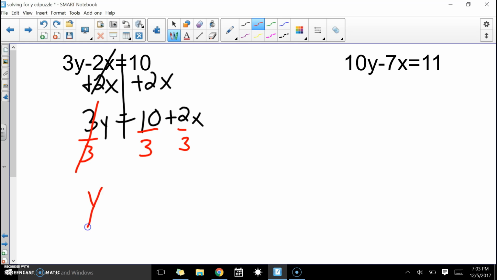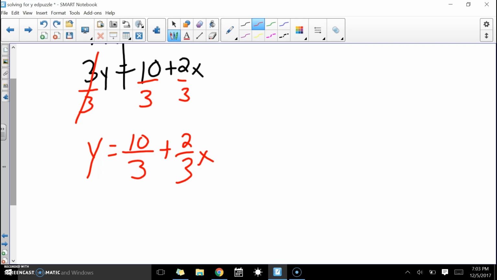So when I finish this, 10 divided by 3 doesn't simplify anymore, so it's just 10 over 3. And 2 over 3 doesn't simplify anymore, so I just keep it as plus 2 over 3x. Alright? And I know my m is positive 2 over 3. And my b is 10 over 3. Okay?